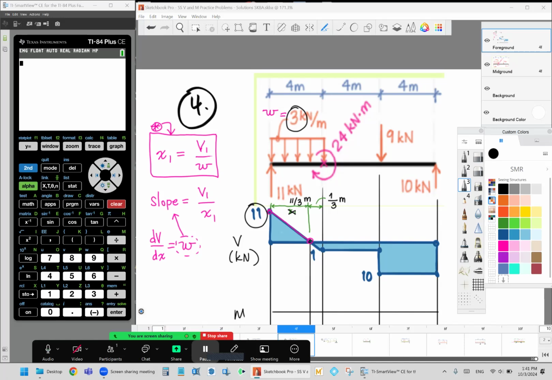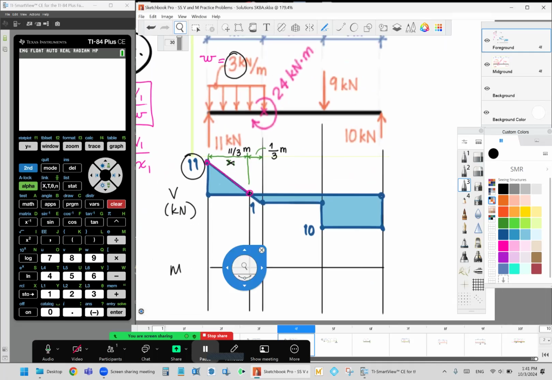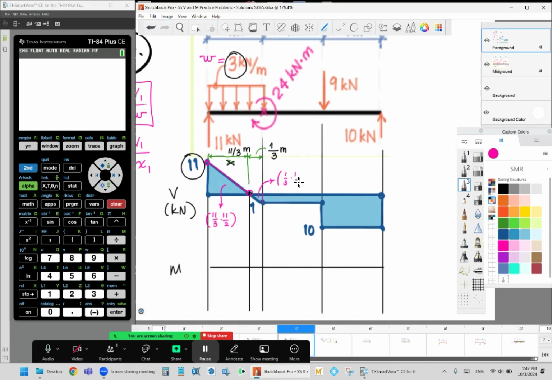The rest of our areas are pretty straightforward, and I have a habit of doing little side calcs for these, so I'm going to do that in pink here. This area has a base of 11/3, a height of 11, and it has the area of a triangle, so divide that by 2. This little negative triangle here has a base of 1/3, a height of 1, it's a triangle, divided by 2.